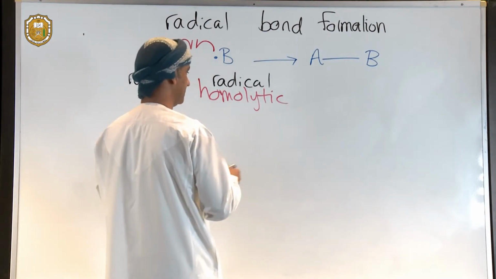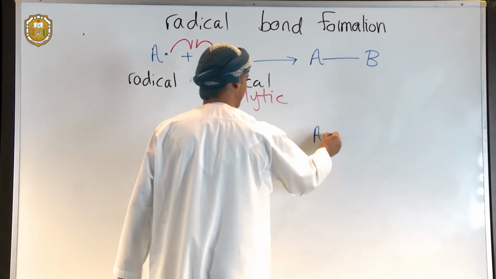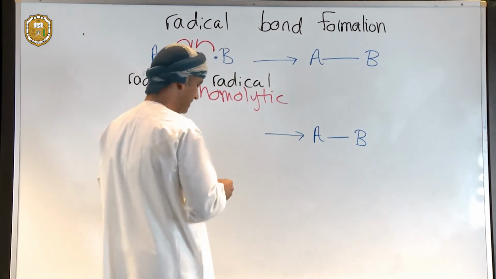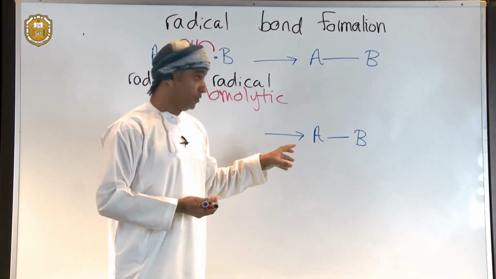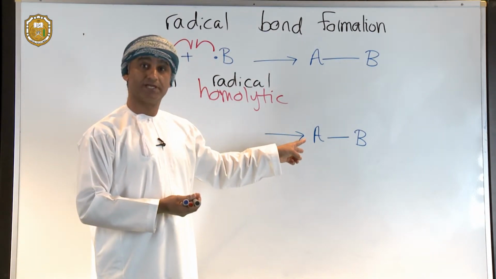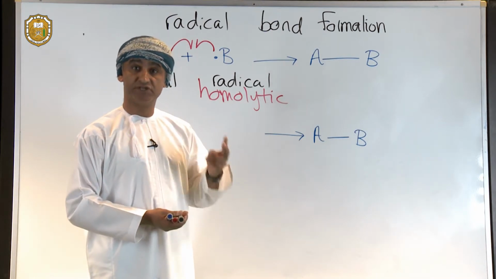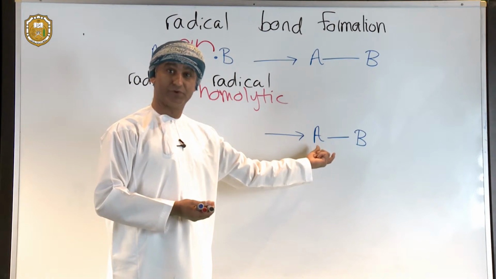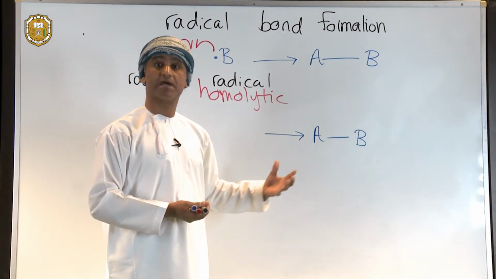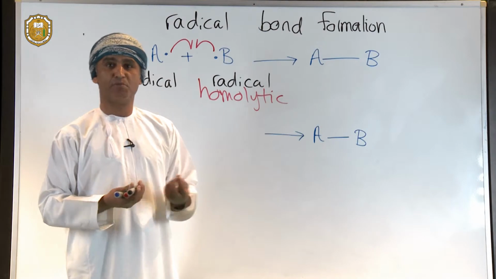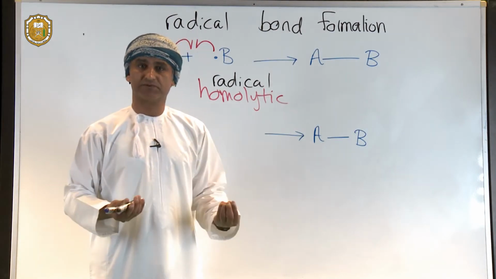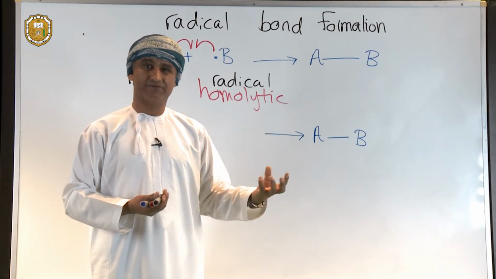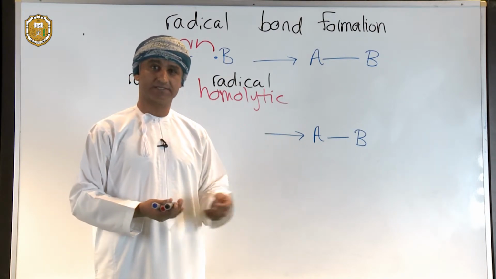If we take, for example, the same molecule, A and B, remember, we need two electrons to make that covalent bond between A and B. We can envision the two electrons that have been used to make that covalent bond between A and B to be coming from one species, from one intermediate, if you like, the electron source that would then go to the electron site, or the site that requires electrons.